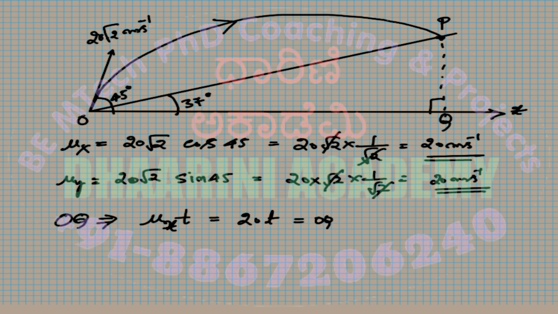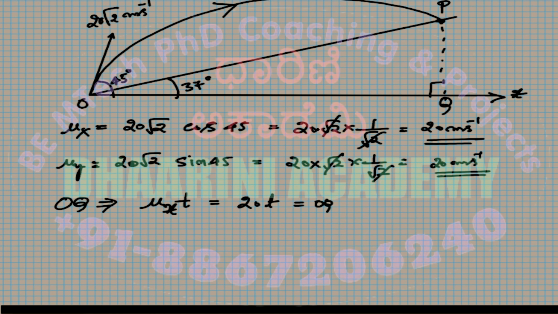But the vertical displacement is not simply uy into t. I have to apply ut plus half gt square. Let's assume g is equal to 10 meter per second square.